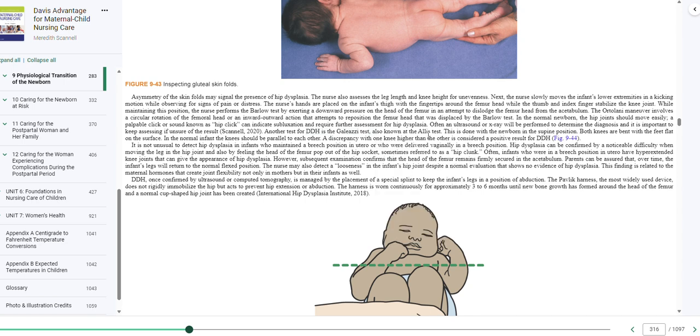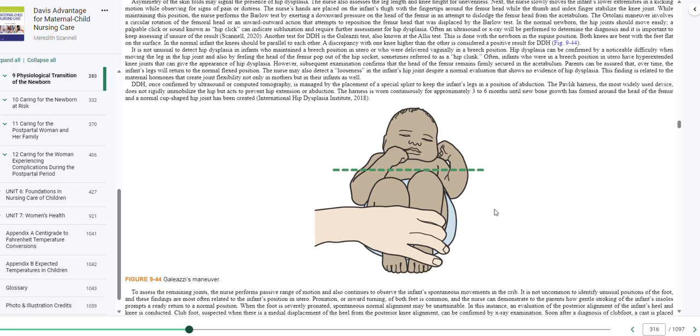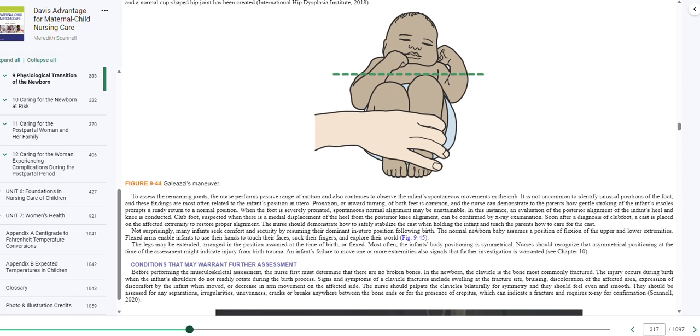Ortolani test, and it's also known as the Allis test, all right? And this is just where you flex the knees up and then open up to see if you feel that hip click or anything. And you're testing for the hip dysplasia, okay? Developmental dysplasia of the hip is what DDH stands for. All right.